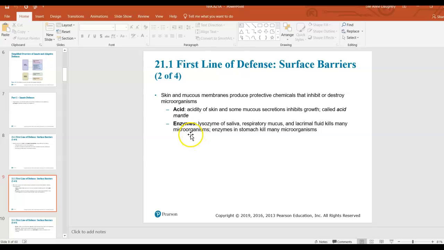And then the enzymes, like in your saliva, you have lysozyme. You have enzymes in your tears, which is lacrimal fluid, in your respiratory mucus, and you have enzymes in your stomach, and a lot of those enzymes can kill microorganisms. So it's not just the skin as a physical barrier, but there are chemicals on your skin and in your mucous membranes that can help destroy pathogens.